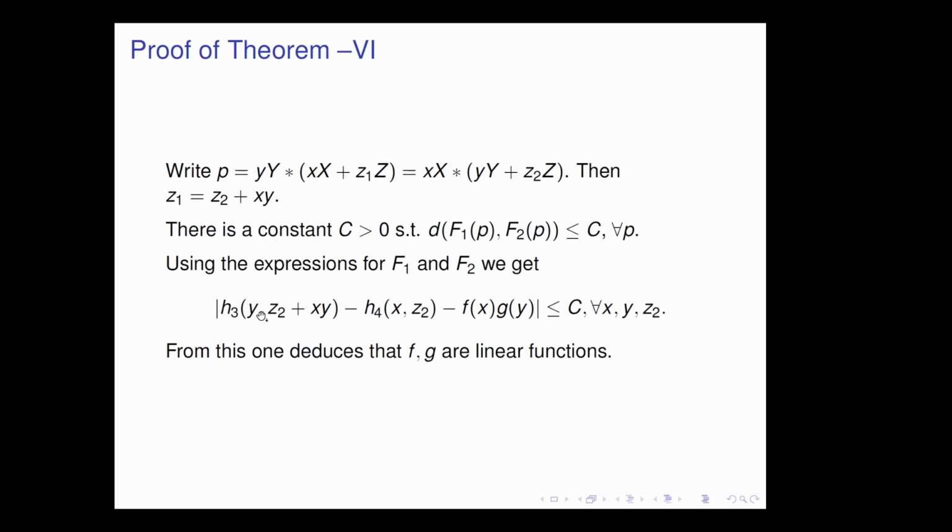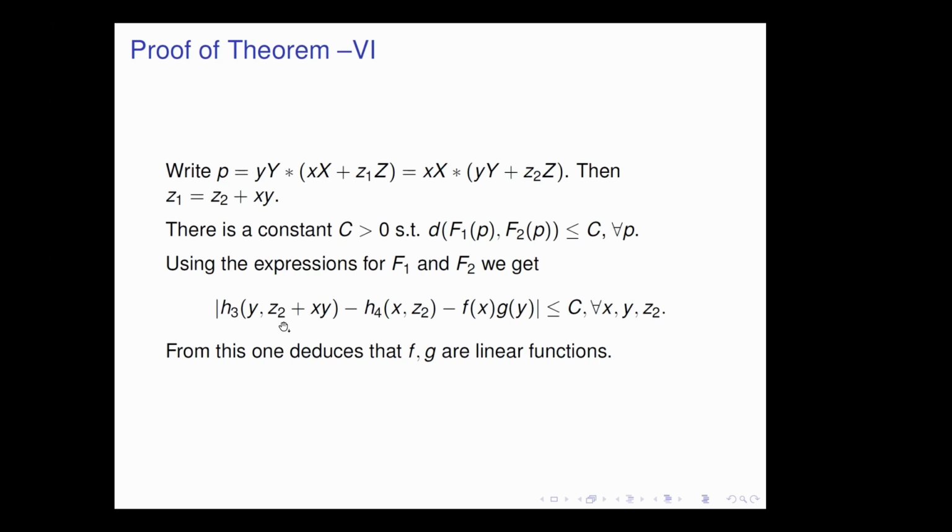So eventually, this h3, h4 will be independent of y, up to bounded distance. So it's independent of y, independent of x here. So you just erase y here, erase x here, and f will be linear in x, g is linear in y, and h3 will be linear in z.